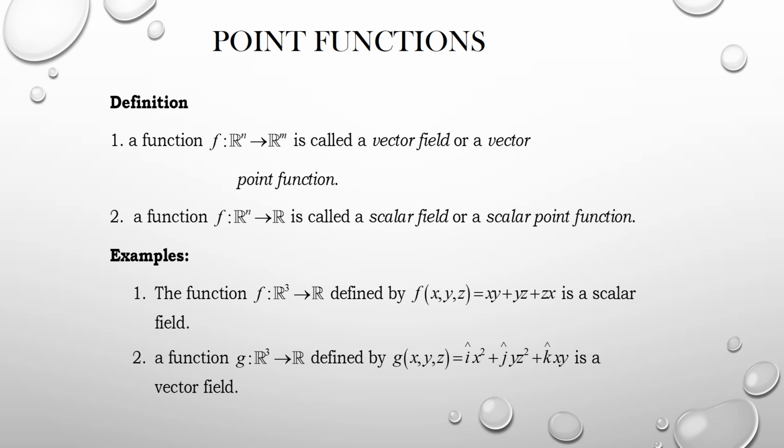Similarly, a function f from R3 to R3 given by this formula f of (x, y, z) is called a vector point function. So, vector point function, scalar point function are called point functions. These are very important in the study of vector differentiation.